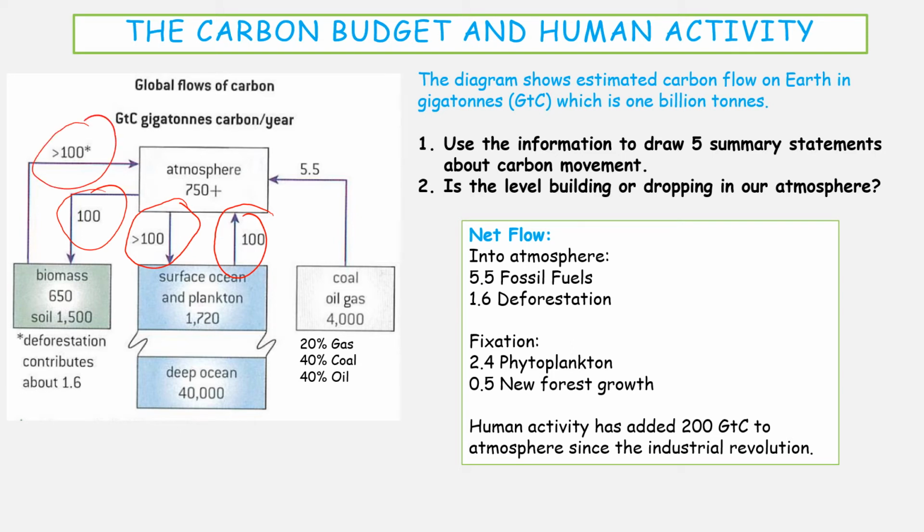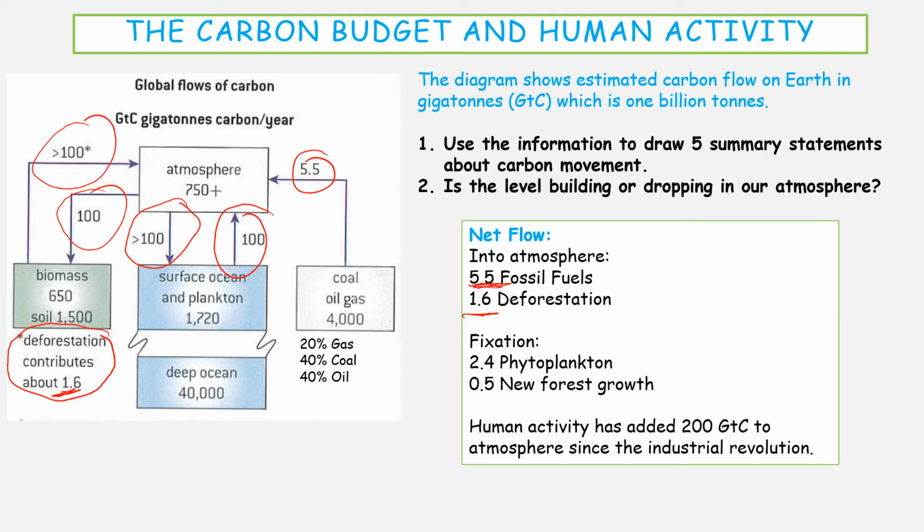Why is that the case? If you look at the numbers, this shows us why carbon dioxide is increasing. We're adding 5.5 gigatons of carbon dioxide a year via fossil fuels being burned, but deforestation is also causing this number to be above 100, and it adds about 1.6 into the atmosphere.